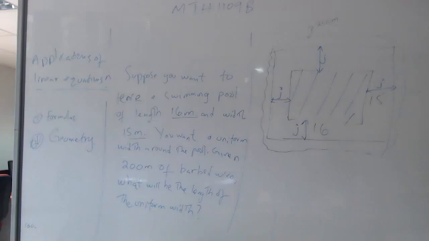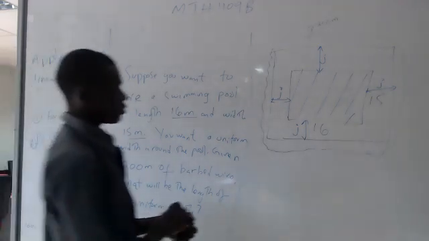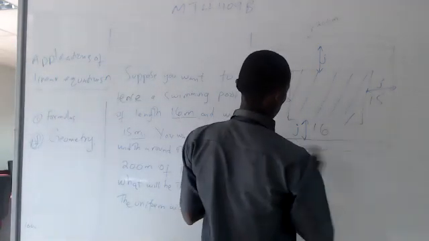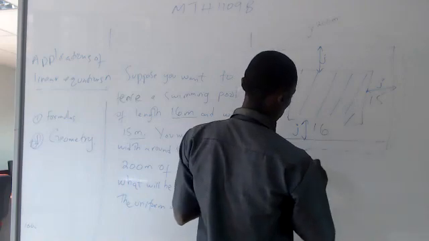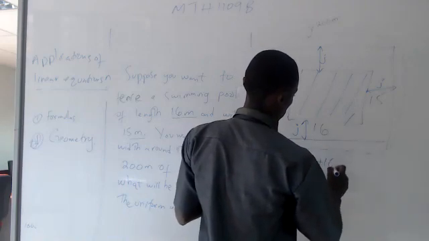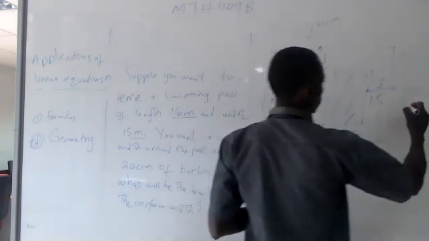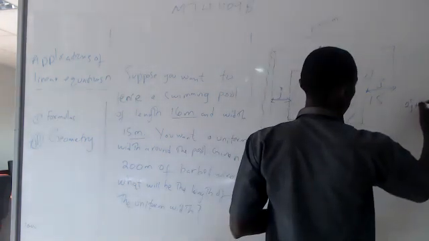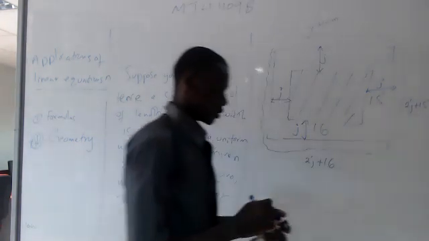The border. Ah, okay, I get what you mean. So you want this to be 2J plus 16. And then this other one should be 2J plus 15. Yeah, that's right.